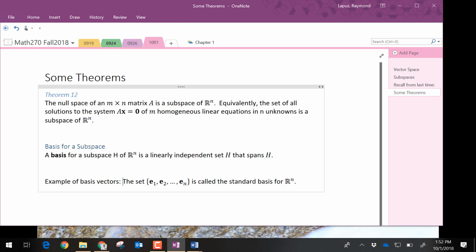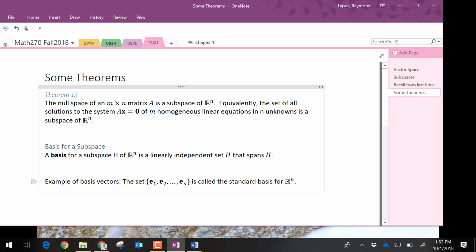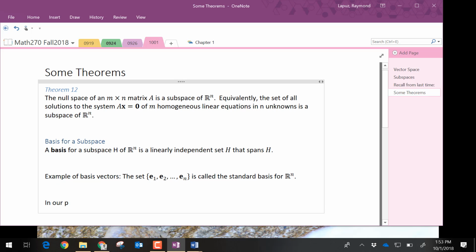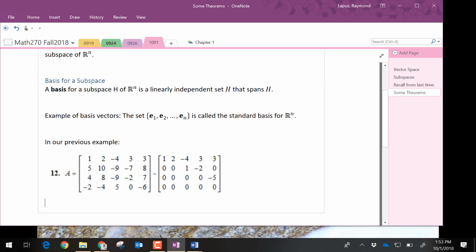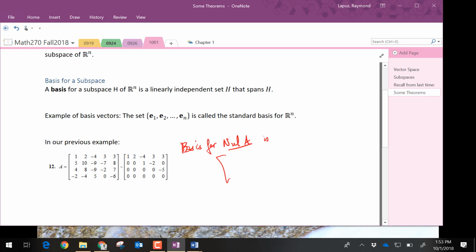So in our previous case, it would be those two vectors that we found. So in our previous example, a basis for null space, I guess we'll call it Nul A, is those two vectors that we found.